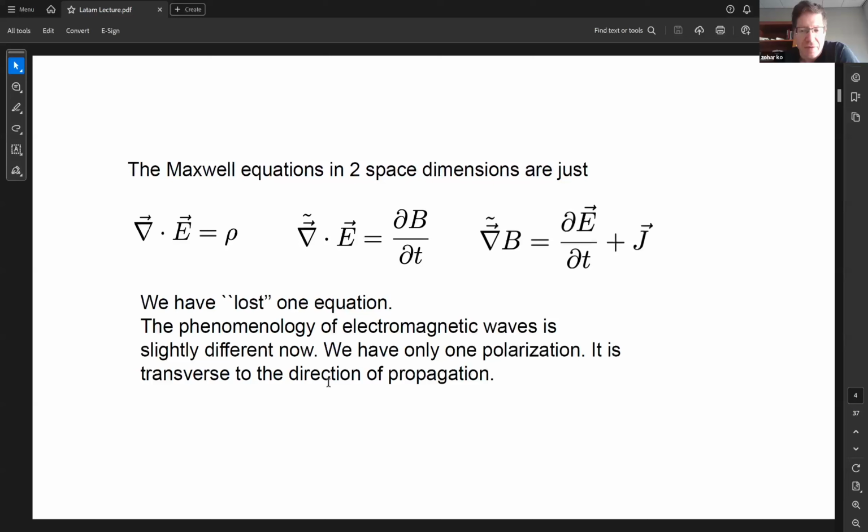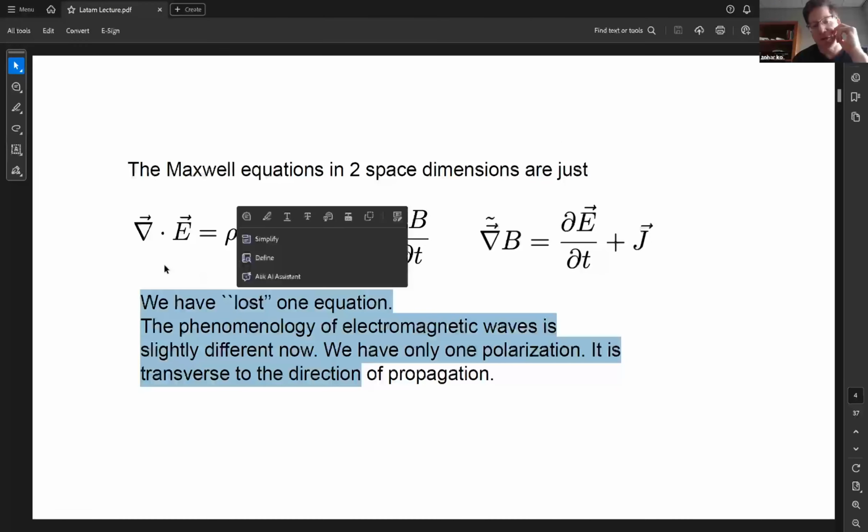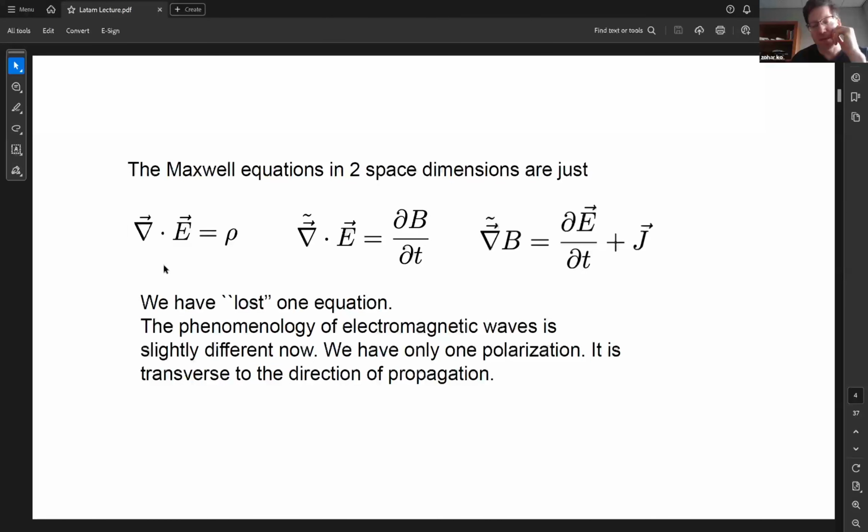And there is only one polarization. As before, the electric field is transverse to the direction of propagation, as in 3+1 dimensions. So far, it's very simple. All you have to remember is that the phenomenology in 2+1 dimensions of the Maxwell equations is that they describe only one polarization moving at the speed of light, unlike the situation in 3+1 dimensions where there are two polarizations. Are there any questions about it?